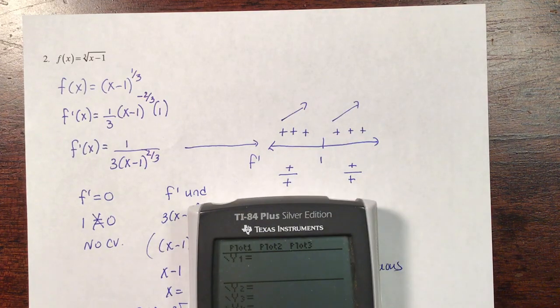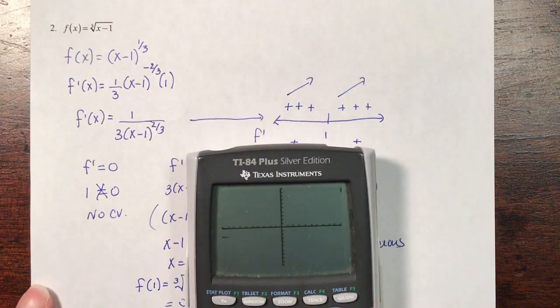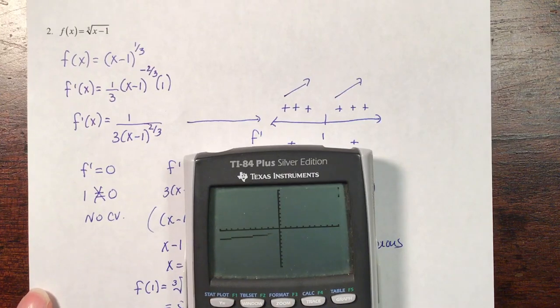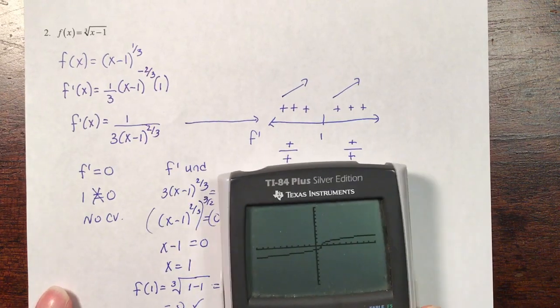So if I'm going to plug in x minus 1, sorry, I still have it from the other, and we're going to raise that to the 1/3 power. Okay, remember, that's our original function. If we look to see what the graph of this function looks like, if you look, it matches.